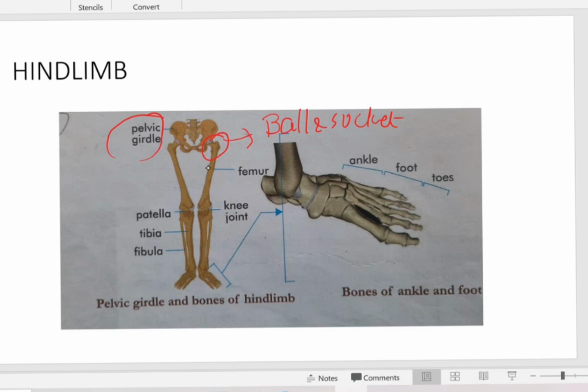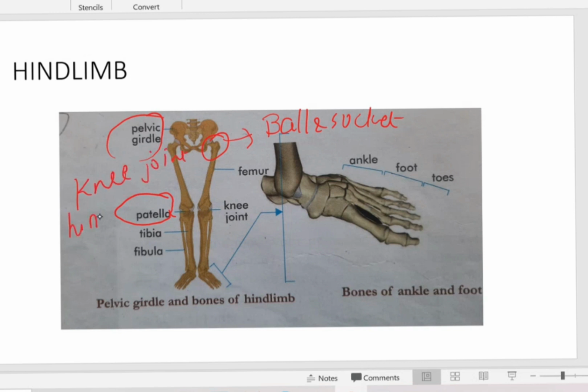Here in this hind limb you can see the longest bone called femur. The femur is connected to the knee joint. This is the kneecap. It is called patella. What's the name? Patella. At that place, what is the name of the knee joint?